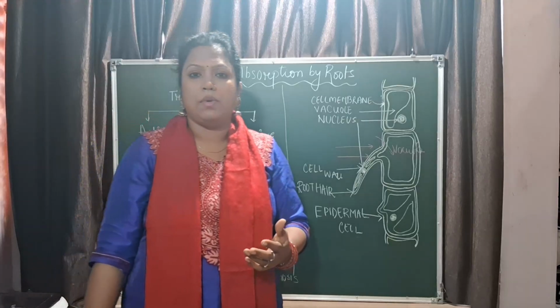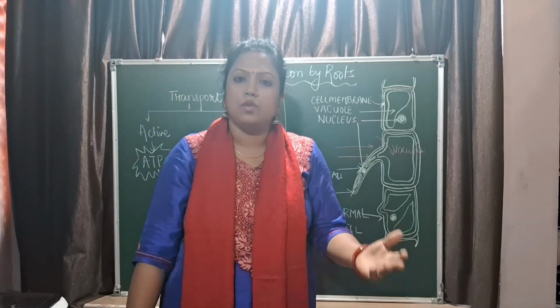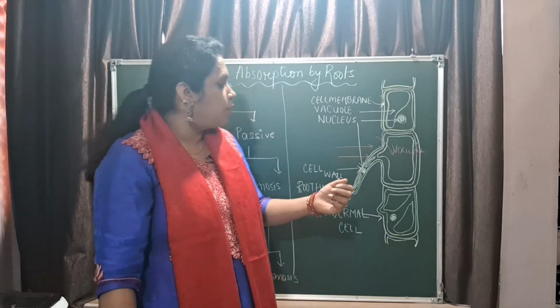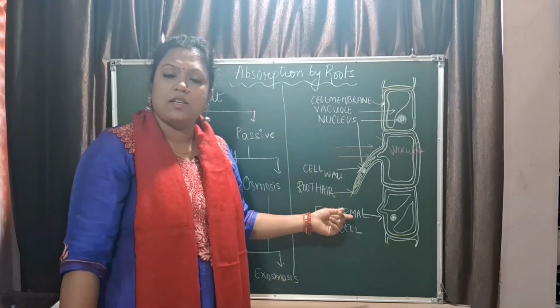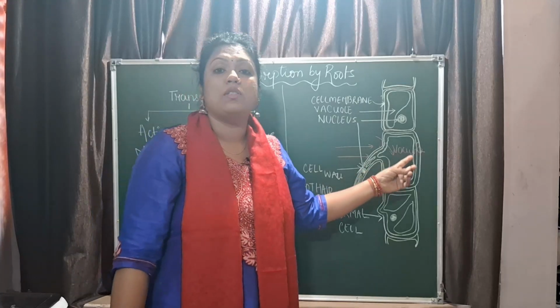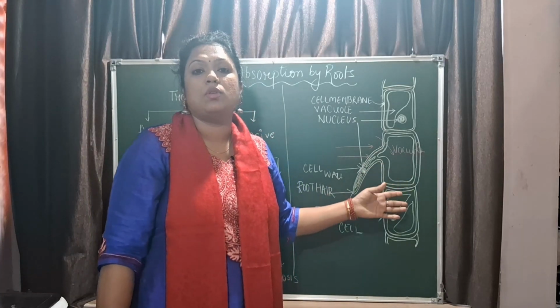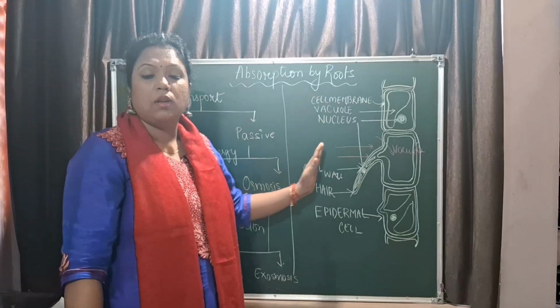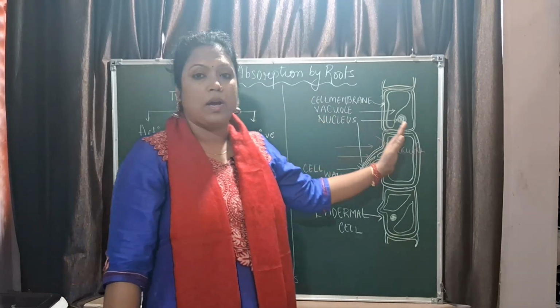So the question can be, state the characteristics of the root hair which helps it to absorb water from the soil. So first you will say that it is a unicellular extension, so that the diffusion is easy, and at the same time the concentration of the cell sap in the root is high, so that the water tends to move from the lower concentration to higher concentration.